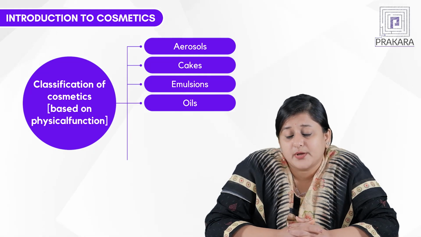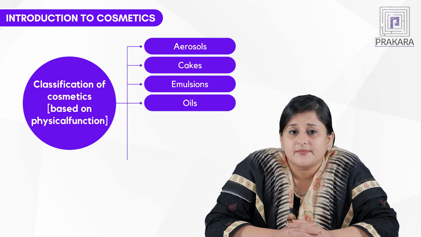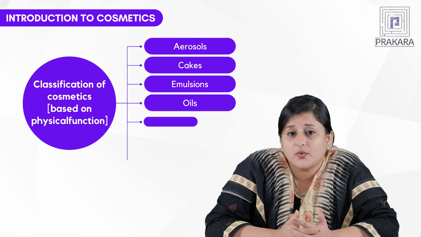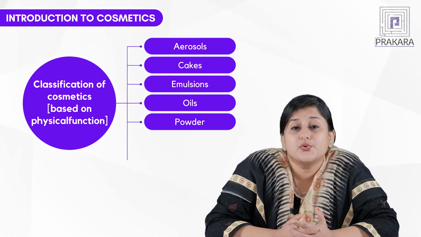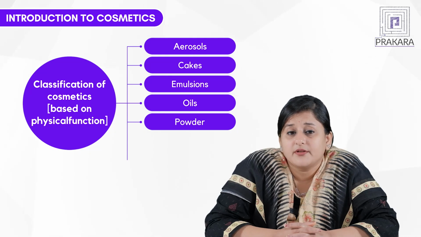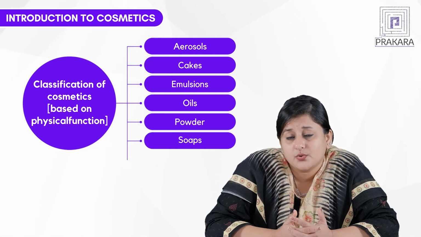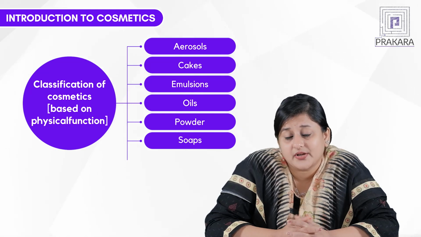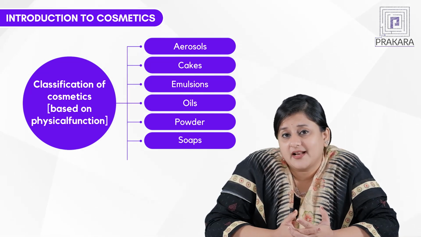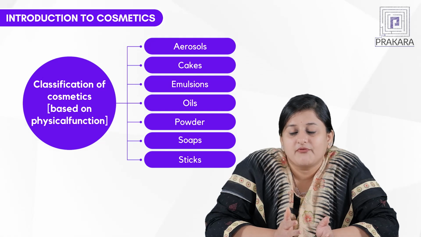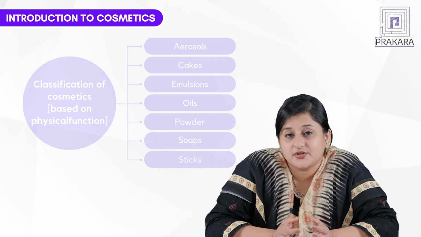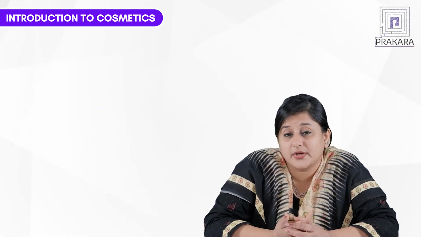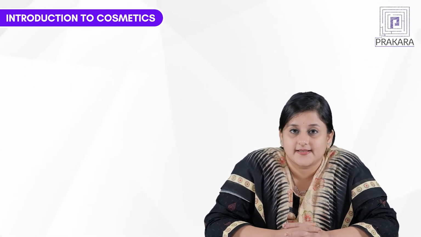Then you have pastes, like tooth powder, toothpaste, deodorant paste, etc. Sometimes they come in the form of a free flowing powder that we use on the face, or even tooth powders. Then they come in the form of soaps, like shaving soaps or toilet soaps. Sometimes there are shampoo soaps. And they also come in the form of sticks, like lipstick. So depending upon function, the physical nature of a cosmetic, or where they are used, they are classified into different categories.